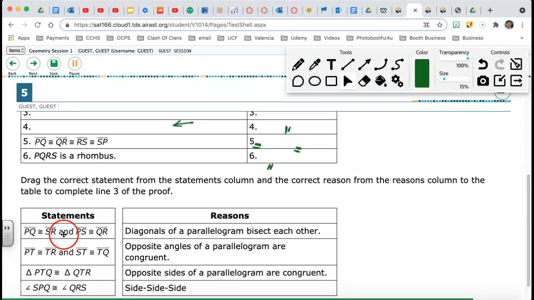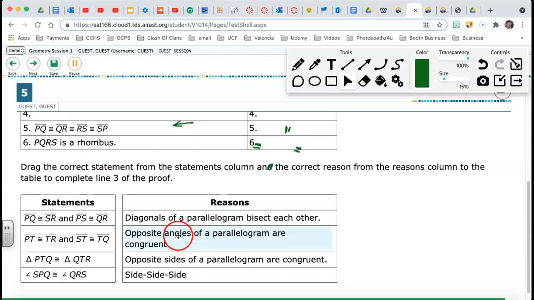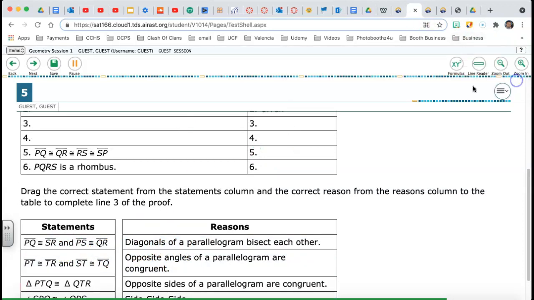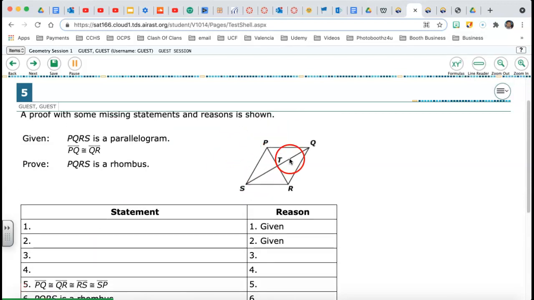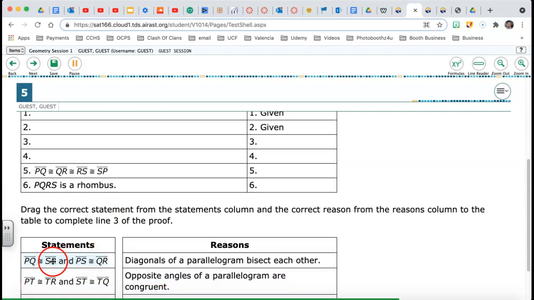PQ congruent to SR, remember the opposite sides? And look at the reasons. Opposite sides of a parallelogram are congruent. So my statement is, here we go, let me erase all this. My statement is PS congruent to QR. PS, where's that? PS congruent to QR.